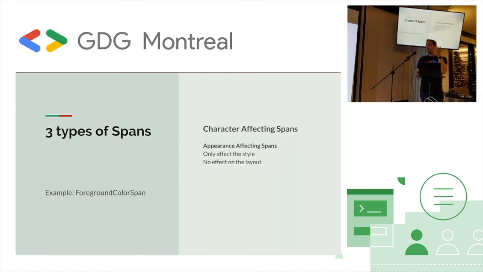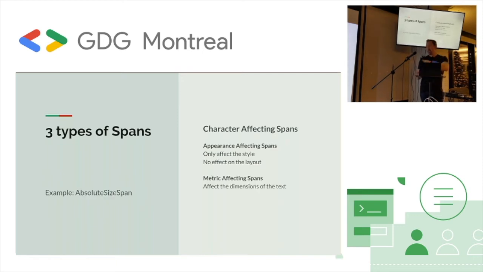So they only affect the style and not the size. So basically it's only when the text view is drawn that these are going to be evaluated, because they only change the style and not the layout, so not the size of the text field.